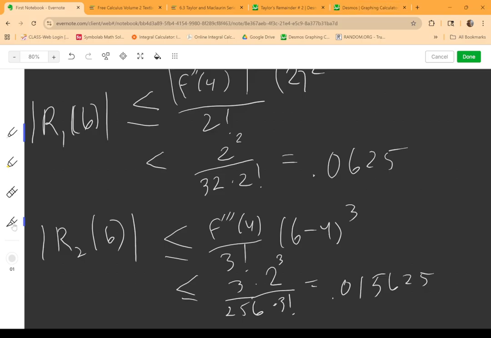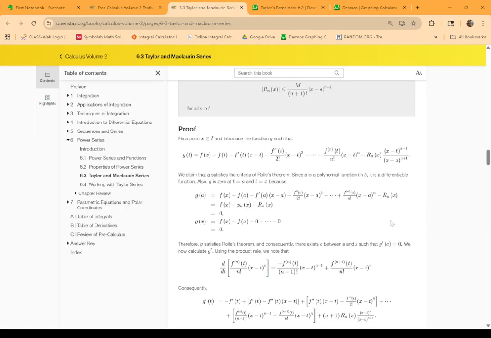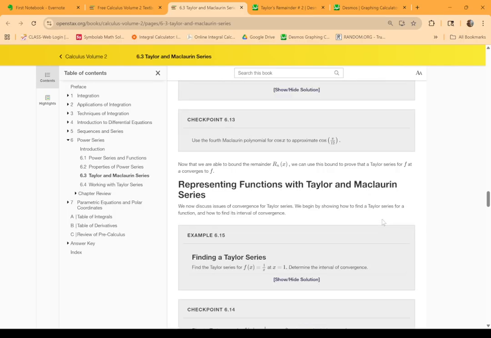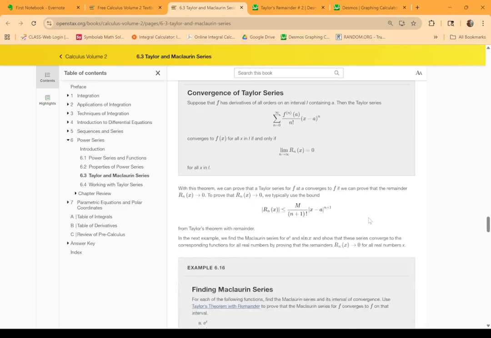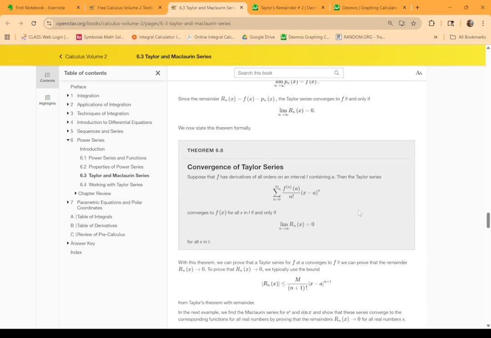All right, now to wrap this section up, it's this Taylor series, the infinite series, not so much the Taylor polynomials, that actually represents the function. In our last theorem in this section, it says the convergence of the Taylor series: suppose that f has derivatives of all orders on interval I containing a.